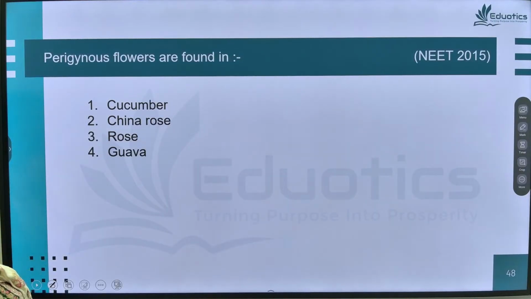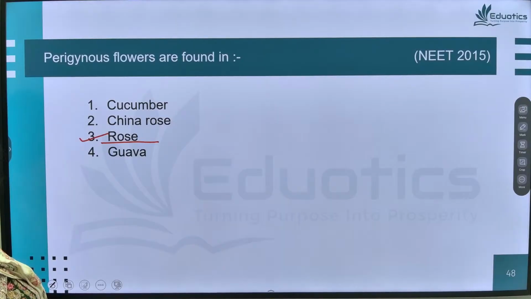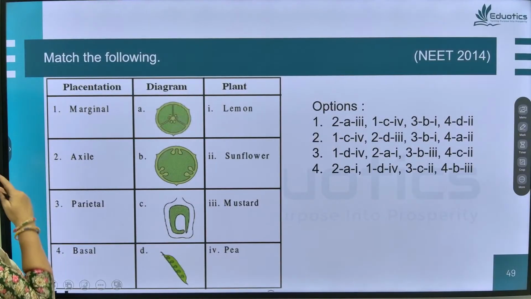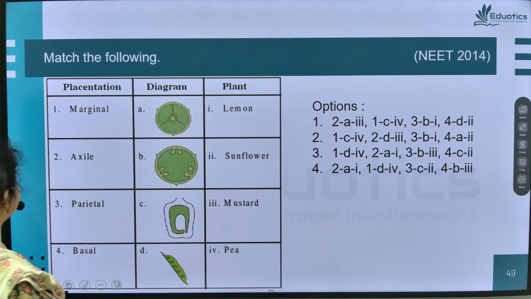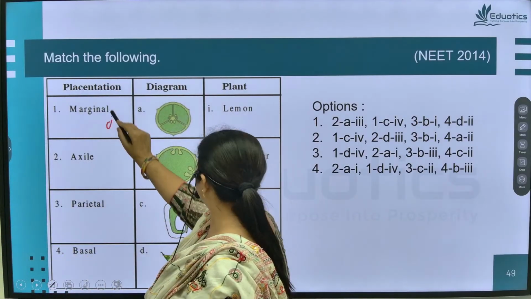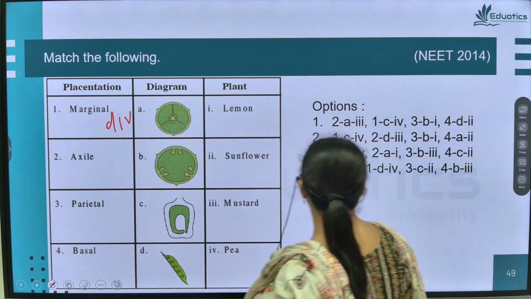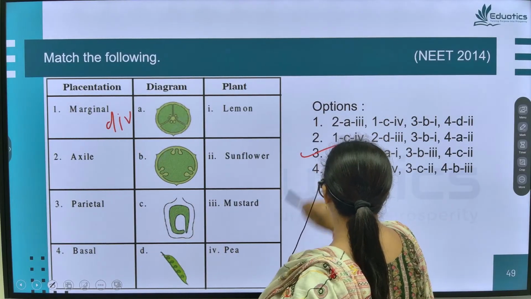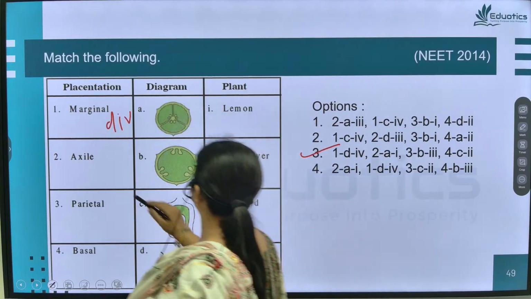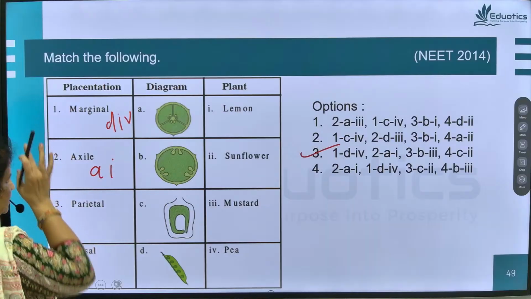Perigynous flowers are found in plum, peach, rose. Three examples have been given in the NCERT, so the answer will be rose. Match again. Marginal: first, D and IV. Second, A and first.